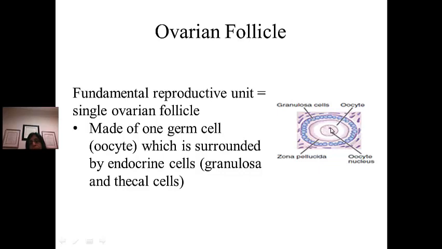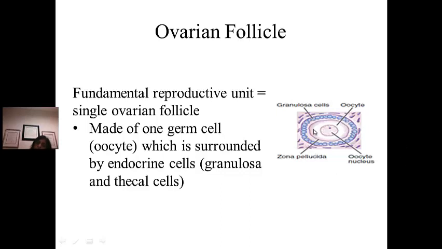Basically, here is the oocyte. The oocyte could be called a primary oocyte because we know that mitosis occurred in the gestational life. This oocyte is surrounded by a layer of cells called granulosa cells. Then there is a thick lining around the oocyte called the zona pellucida.